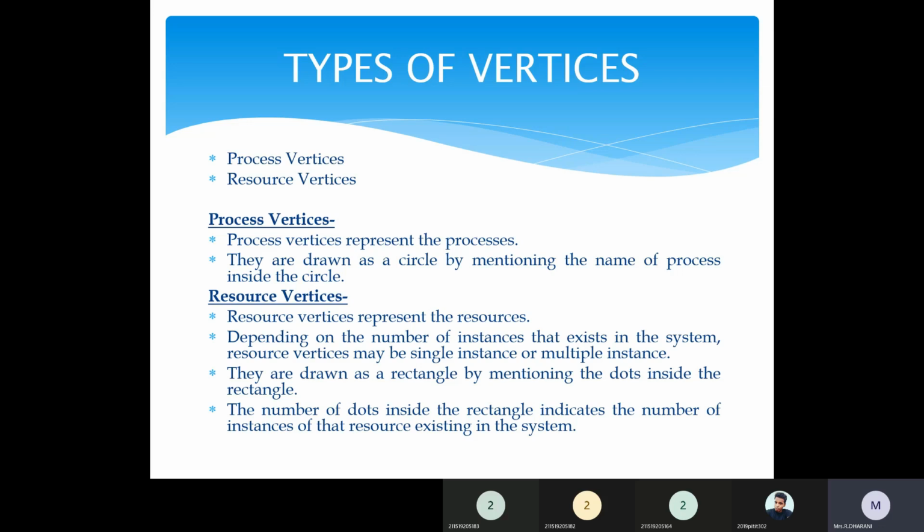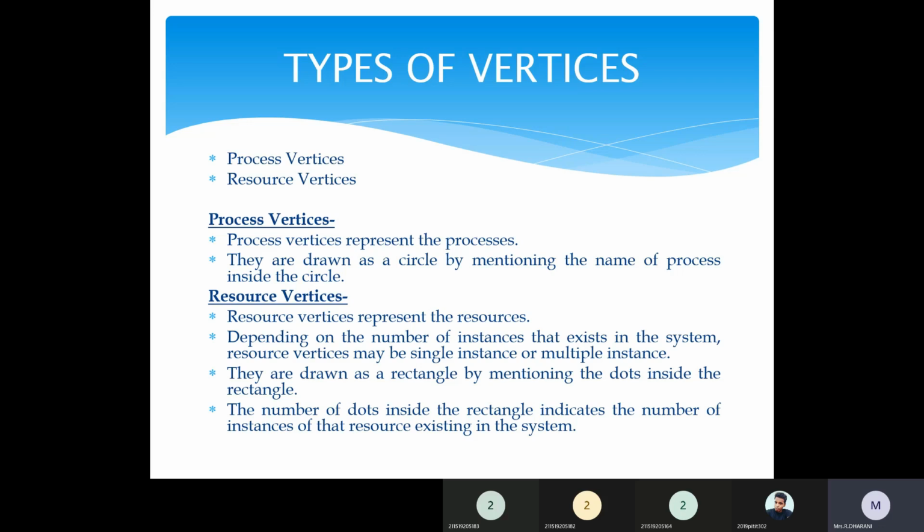Say for example we have multiple tape drives of the same type, so that is what is called multiple instances, a number of instances of the same type. We have input devices. What are the various types of input device? We have a scanner, a keyboard, a mouse.